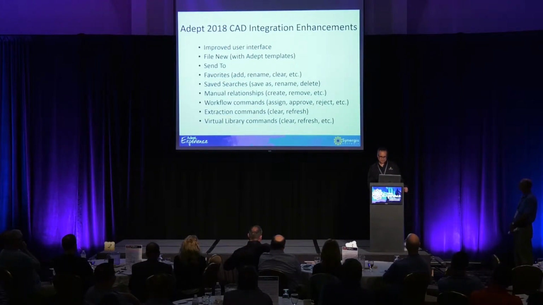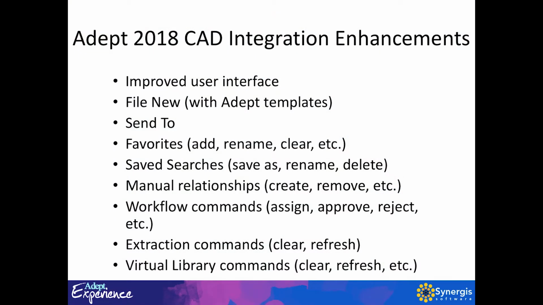2 out of 3. All right, so first, we migrated the existing Adept integration components from the desktop-based integration to the web services-based integration. That alone was a huge job. We added new features, especially to the task pane, which has some usability features along with access to commands not available in the task pane before, and you'll see a couple examples.